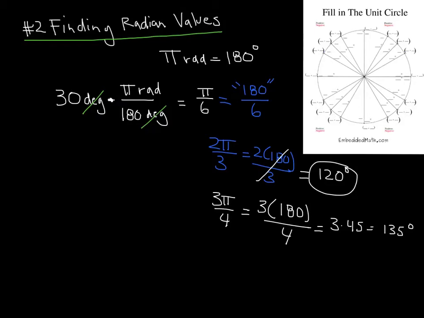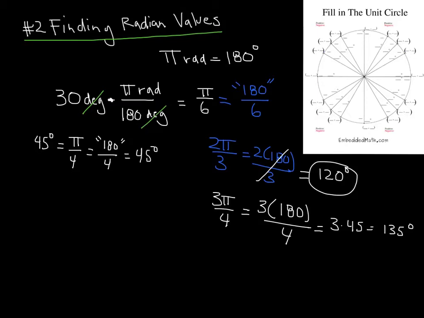You should be able to get the first quadrant in there. 45 degrees is pi over 4. How do we know that? Because pi is really 180 degrees over 4. 180 over 4 is 45.